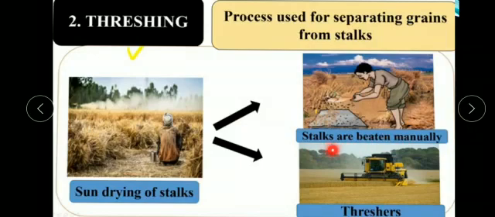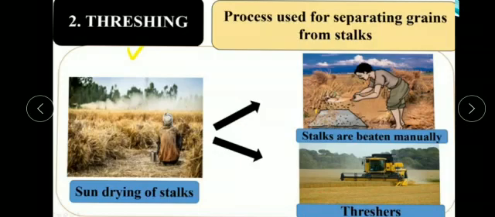This is a stone slab. You can see grains are separated from the stalk. Grains are falling down. On a smaller scale this can be done, but on a large scale, in a very large field with tons and tons of grains, doing it manually won't be possible.